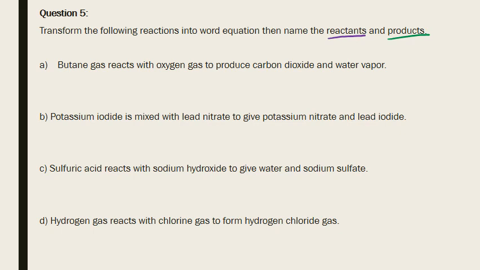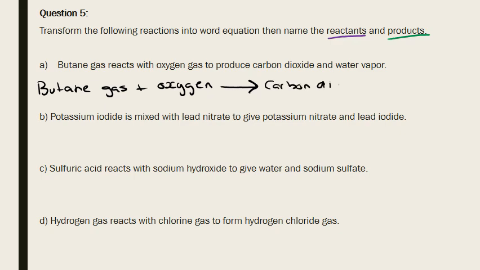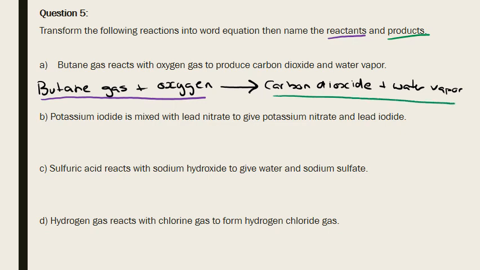So butane gas reacts with oxygen to produce carbon dioxide plus water vapor. Now the reactants are the ones that are before the arrow, so that's going to be in purple. The products are after the arrow, so that's going to be in green.